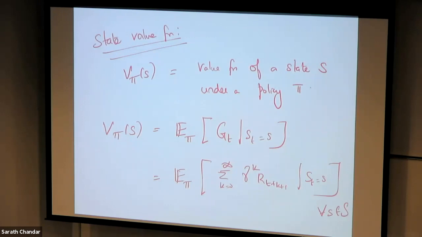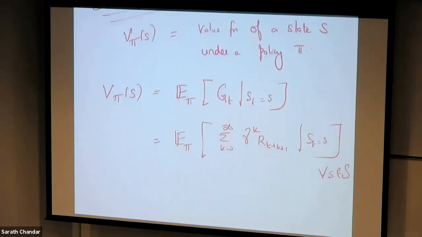This is the definition of the value function. One important note is that the value function of a terminal state, a state where the episode ends, is always 0, because once you reach that, there is no more value. So V pi of the terminal state is equal to 0. You don't need to learn the value. We know that if something is ending, then the value is 0 there. Is that clear?